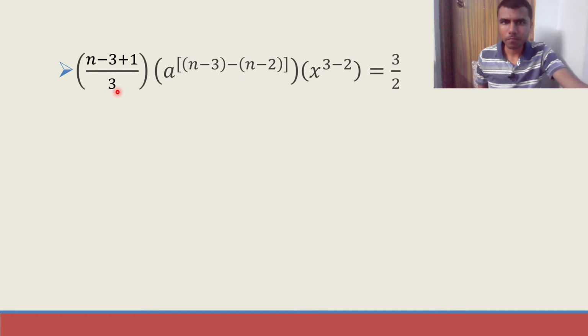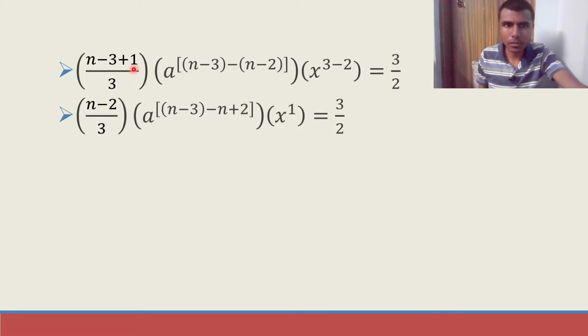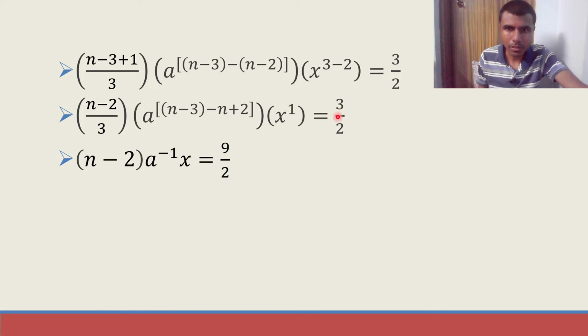Now same simplification: n minus 2 by 3, minus 3 plus 1, it is minus 2, and n minus 3 same, minus n plus 2. So I get x power 3 minus 2, which is x power 1. So send this 3 here, so it would be 9 by 2. 3 into 3 is 9. And a power n minus 2, a power n cancel, minus 3 plus 2 is minus 1.